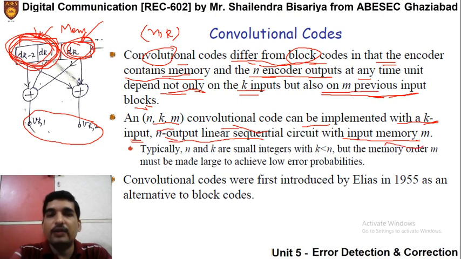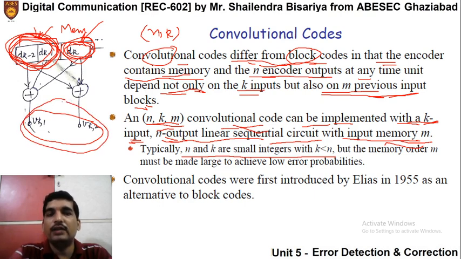So repeating the words again, an n,k,m convolutional code can be implemented with a k input, n output linear sequential circuit with input memory m. Typically, n and k are small integers with k less than n. Obviously, here you can see that k is 1 and n is 2.